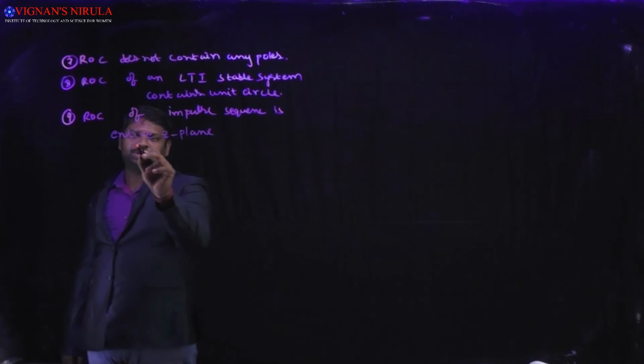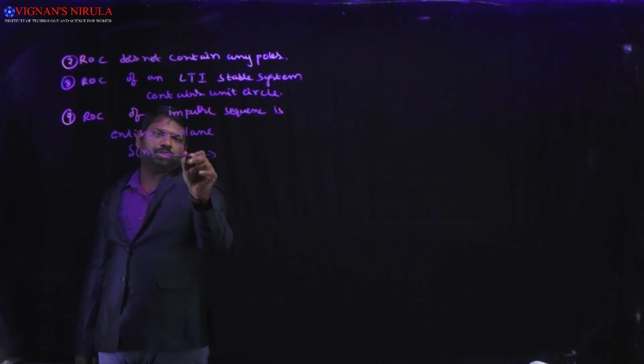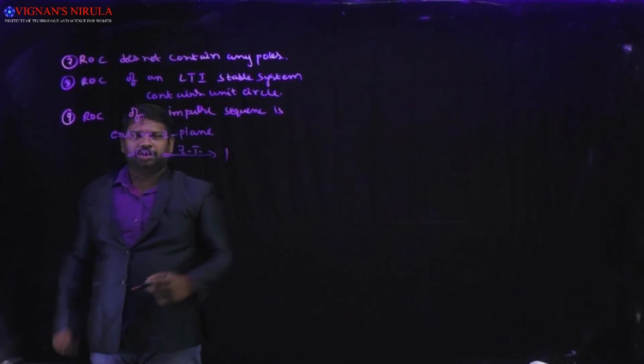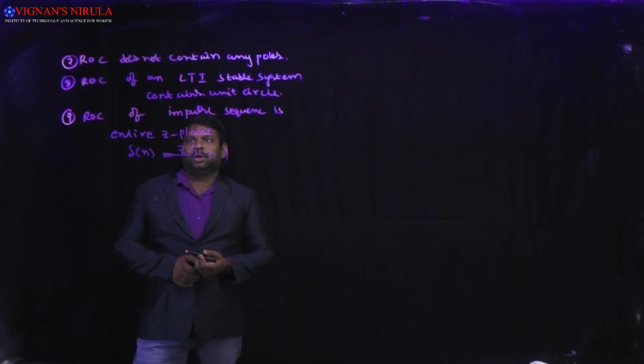Why? Because the z transform of delta of n is 1. There is no z, therefore the entire z plane is your ROC. Those are the properties of the ROCs.